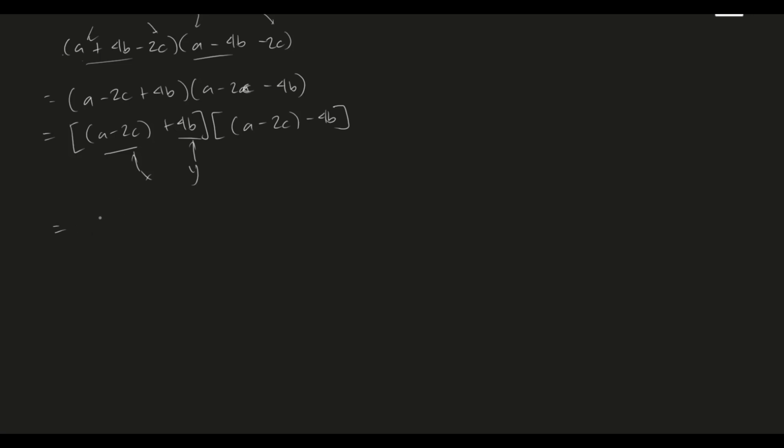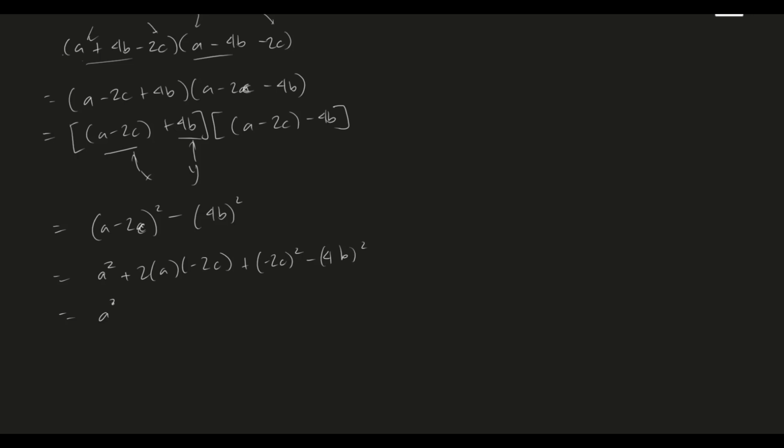So we will now apply the formula of expansion. So we have a minus 2c squared minus 4b squared. So we have to expand this one, a squared plus 2 times a times negative 2c plus negative 2c squared minus 4b squared.